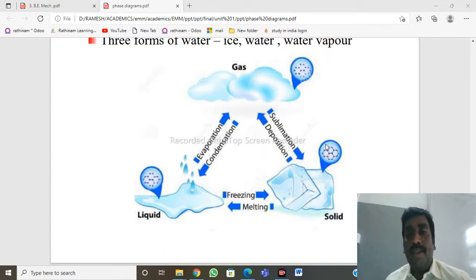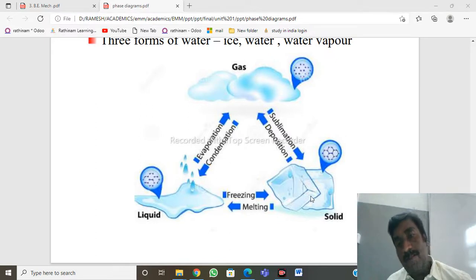But if you are increasing the pressure up to 10 bar, it is not atmospheric pressure. We are increasing the pressure up to 10 bar. At what temperature will this pure liquid come? Around 20 degrees itself, the pure liquid will come.